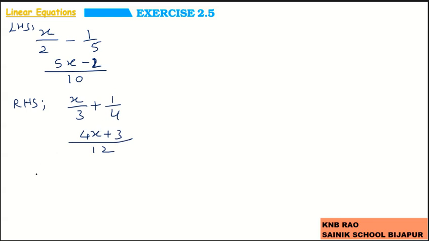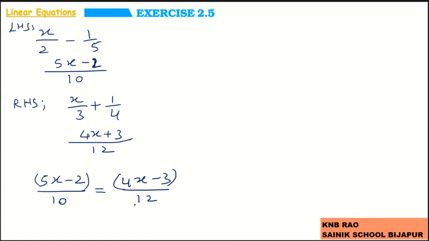Now, by equating the left hand side and the right hand side, 5x minus 2 by 10 equals 4x minus 3 by 12. Now, we have denominators as a complete fraction on the right hand side and the left hand side both.